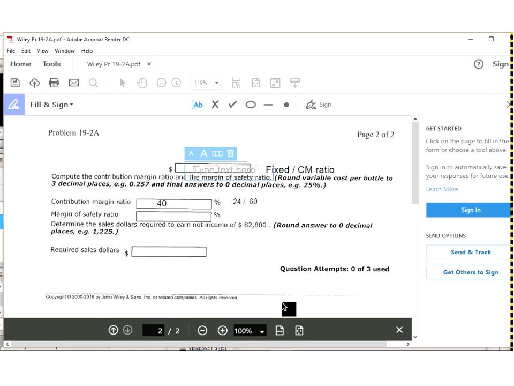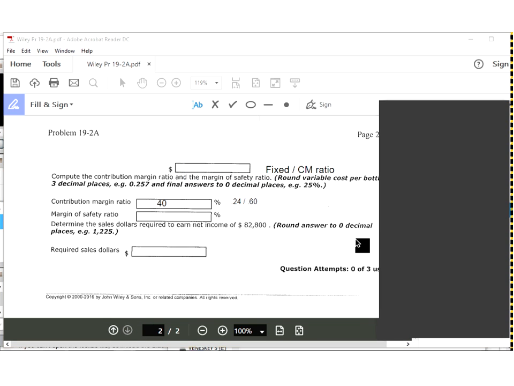Now we can go back up here and finish this one. Fixed costs, that hasn't changed. That's still, if I remember right, 679.2. Divide that by our contribution margin ratio of 40%. That tells me break even.